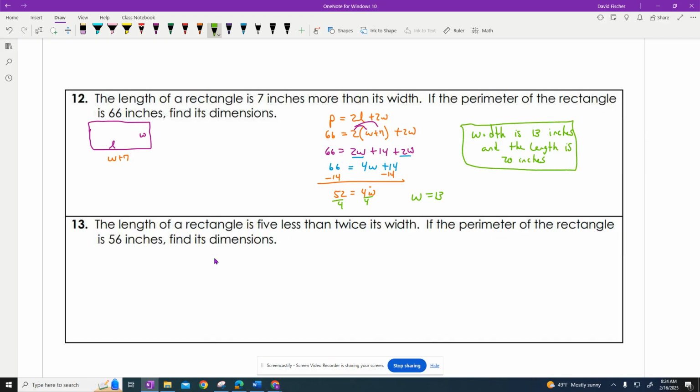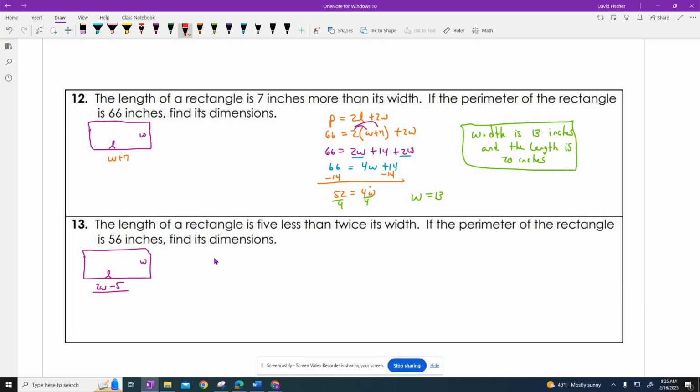So I'm going to try one more that you try. Pause your video. Try it on your own and see if you come back to this, okay? Alright, we have 5 less than twice the width.